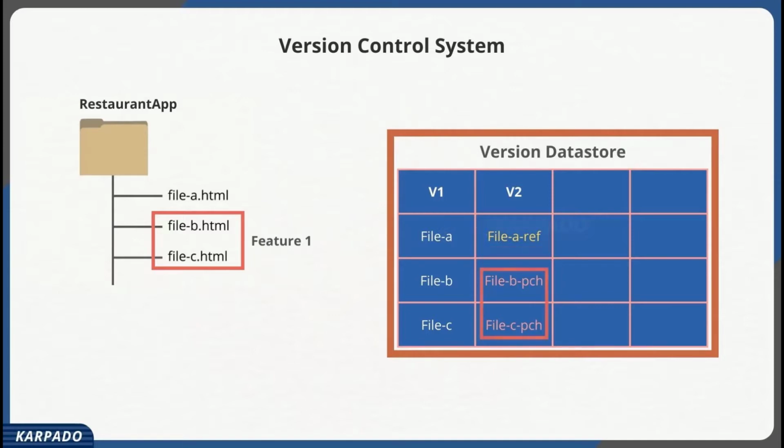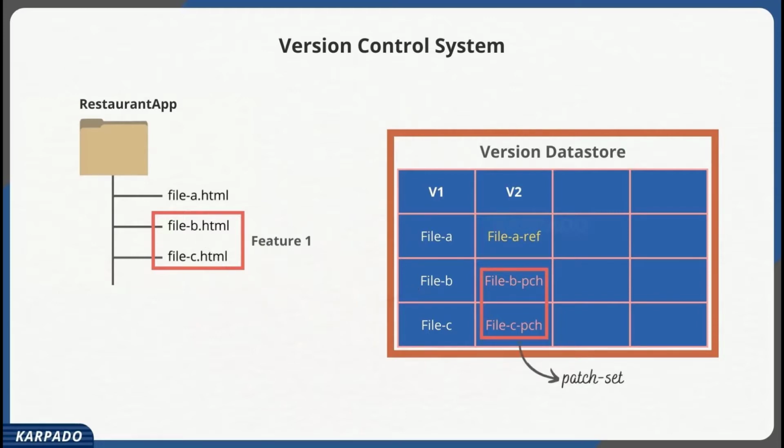When it comes to file B and file C though, we have introduced new changes, but the VCS software is not going to make a copy of these files either. What it's going to store is actually the difference between the modified file and the latest version of the same file, and it is going to store the same in the data store.